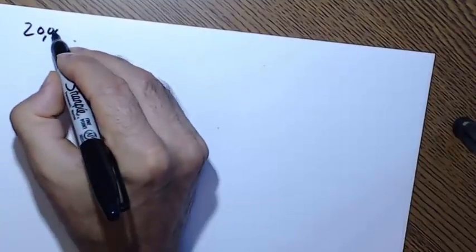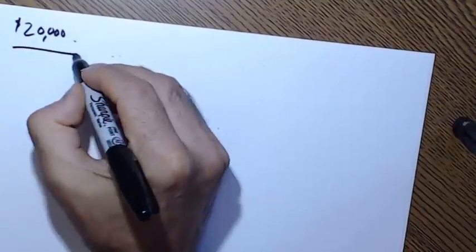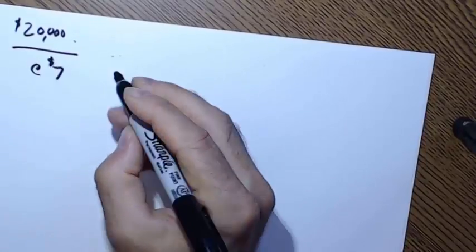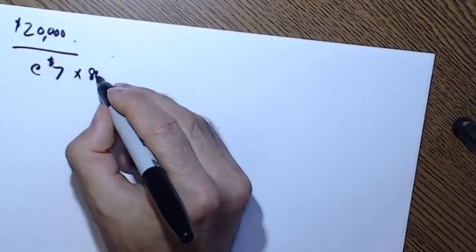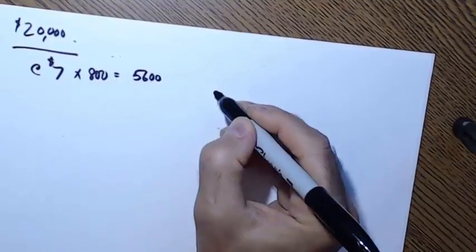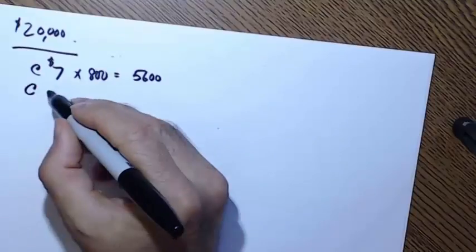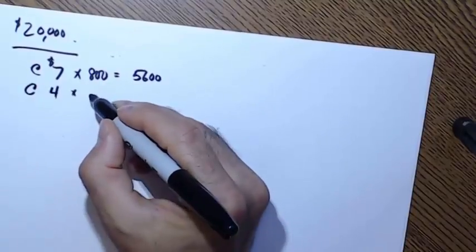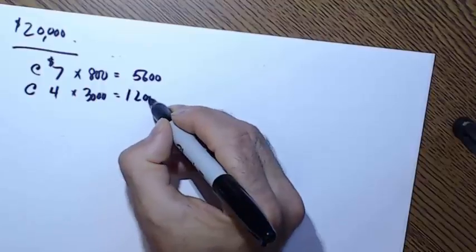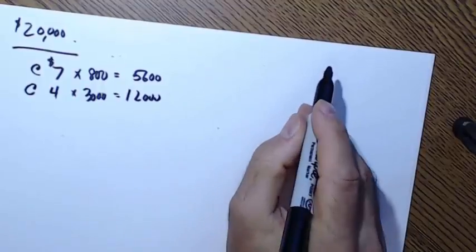Here at the 20,000 income mark, at $7, the demand was 800 units, 800 T-shirts, for a total revenue of $56. At $4, the demand was 3,000 units for $12,000 in total revenue.